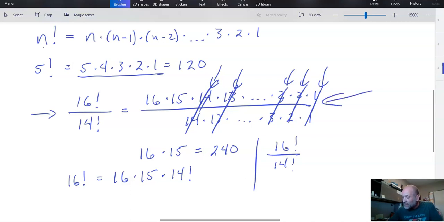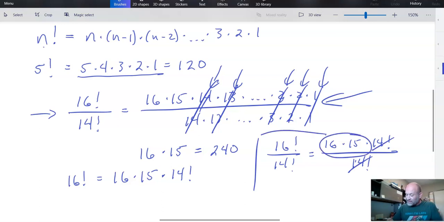Now, I wrote all this out just so you can see what was going on. This ends up being 16 times 15 times 14 factorial over 14 factorial, and you can just cancel that out, and get your 16 times 15. That gives you back your 240.